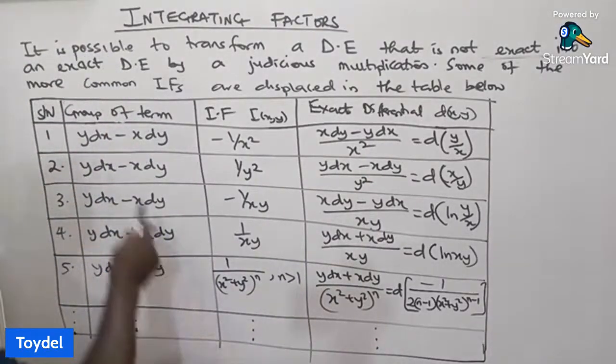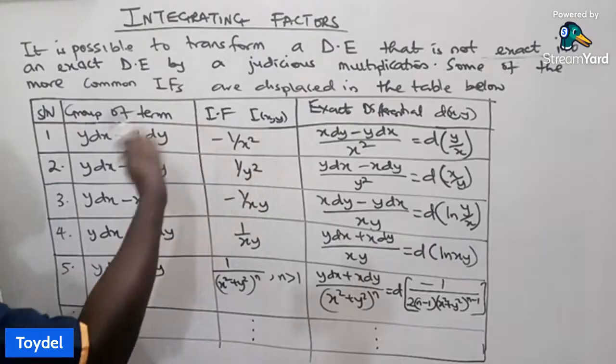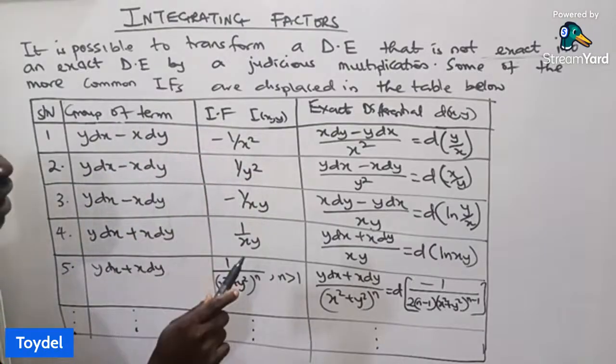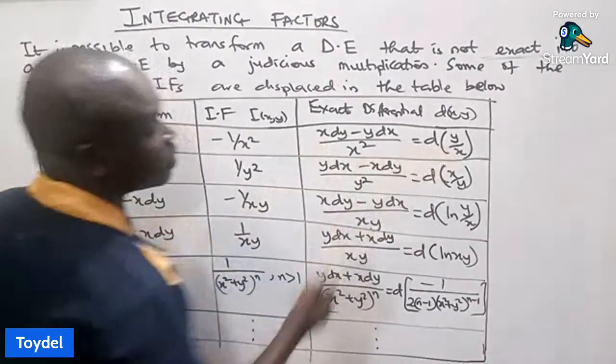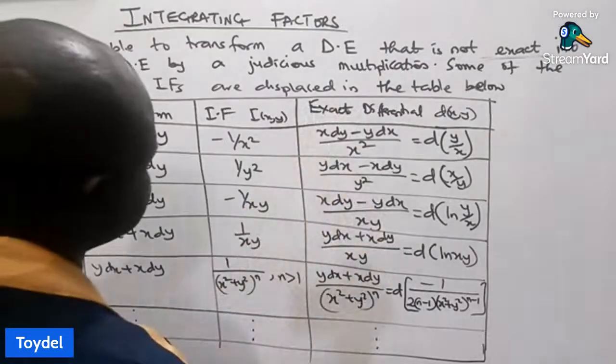Once you multiply the given differential equation by the integrating factor, we transform that differential equation that is not exact. It becomes exact, then we are going to solve the given differential equation. So these are some of the examples of differential equations that are not exact that have been transformed to exact differential equations.